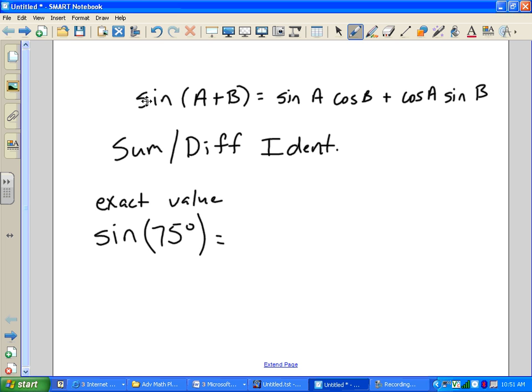So what we're going to do is look on our unit circle and ask, what are a couple of angles on our unit circle that would give me 75 degrees? What angle plus another angle would give me 75 degrees? 45 and 30, or 30 and 45, either way.